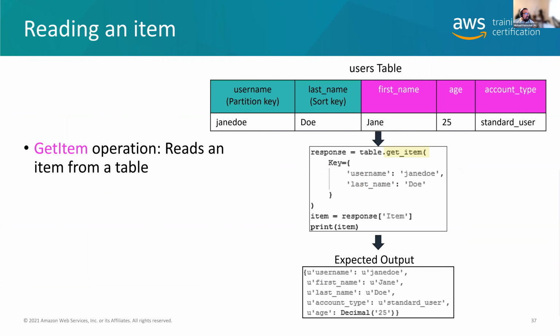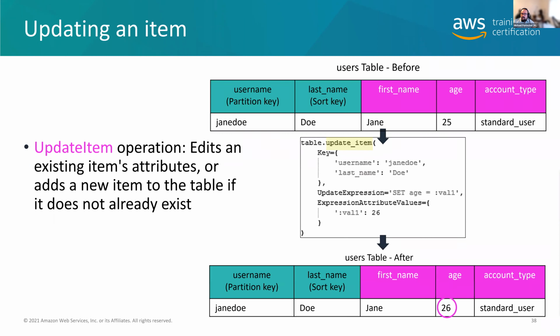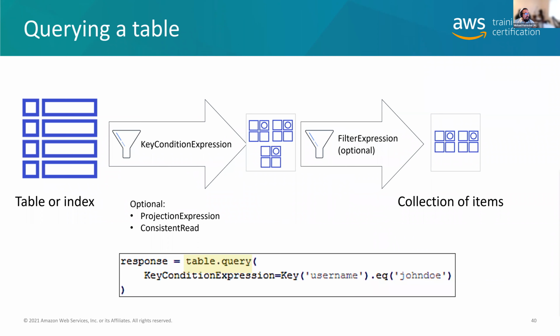I don't think there's any reason to put conditions in for a get item, and I don't think that update item has a conditional. All right, so you've got your standard CRUD: your put, your get, your updates, and your deletes.